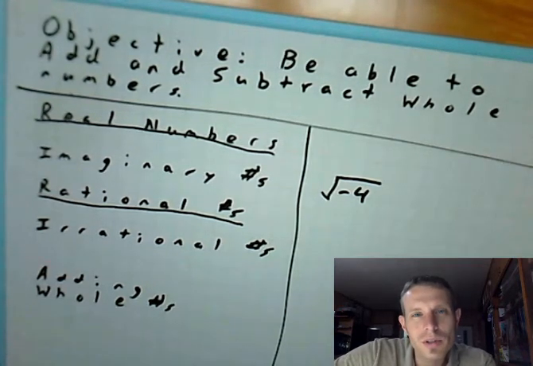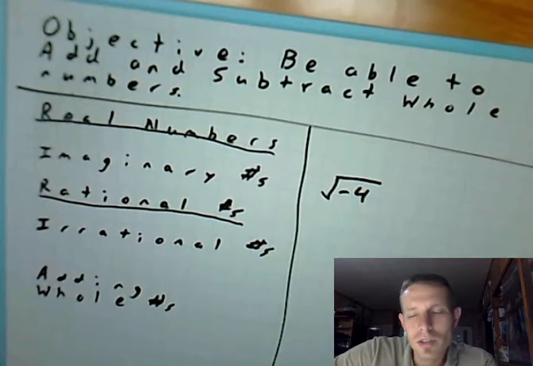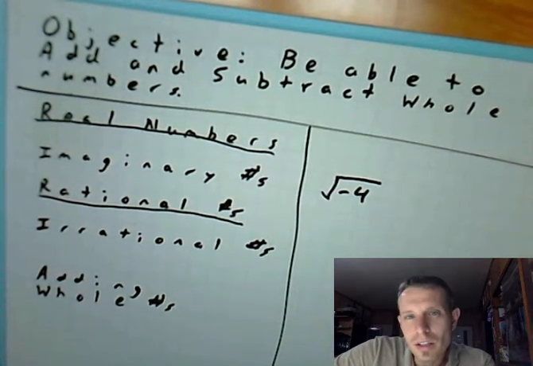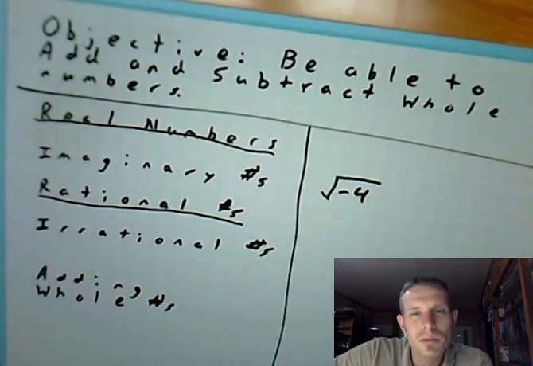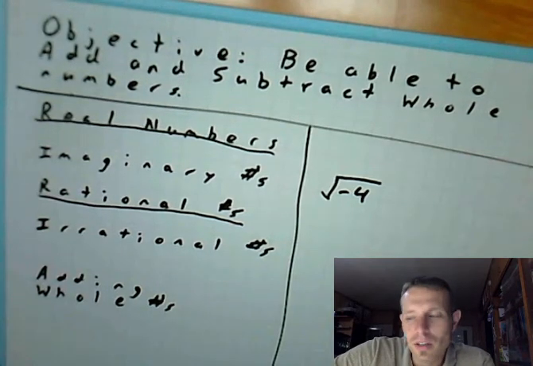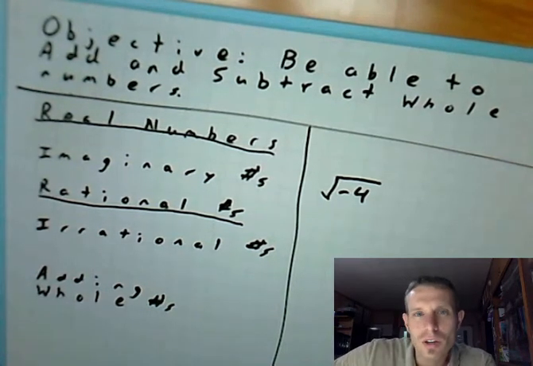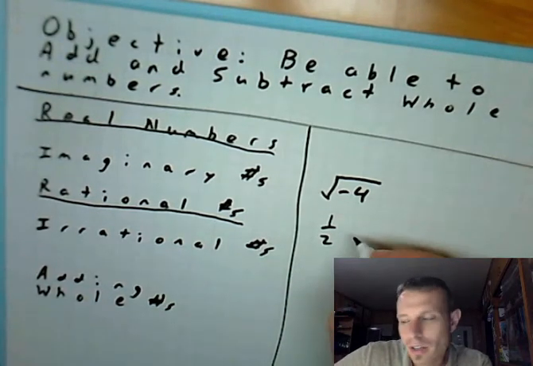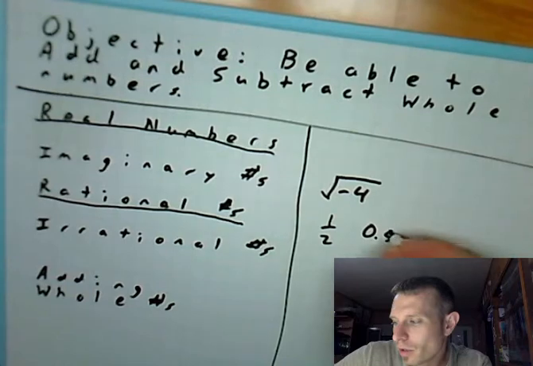Now, rational numbers are a little different. Rational numbers need to be able to be written as a fraction. So any fraction will be considered a rational number. For example, 1/2, and you know that the decimal for 1/2 is 0.5.